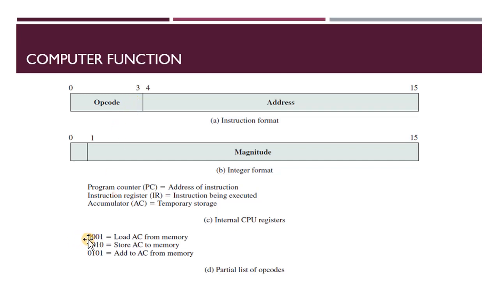It also has the opcode 0010, which means store accumulator to memory. And the last one is 0101, which means add to accumulator from memory. So basically these binary opcode bits will be located in the opcode part of the instruction format.